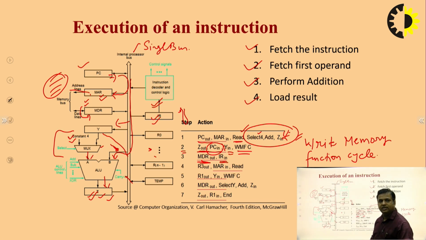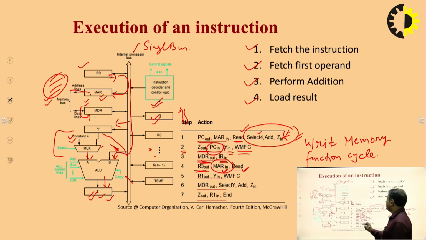Once the instruction register has received the instruction, now R3 out, the contents of register R3 out, because fetching is done and decoding has started. The contents of R3 will be transferred into the memory address register. Because R3 contains the address, the contents will be transferred into the memory address register. Now this memory address register will be read from memory, right?